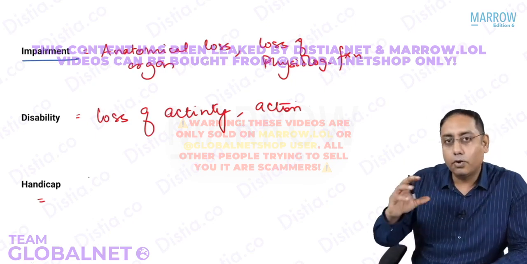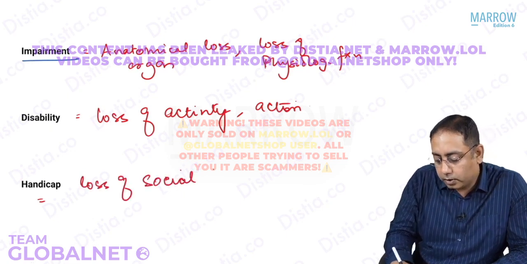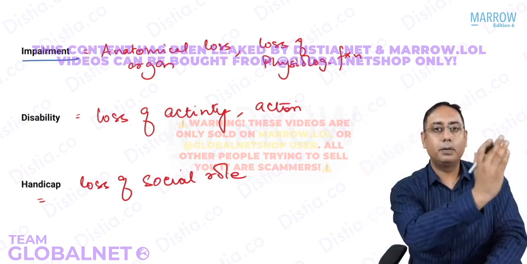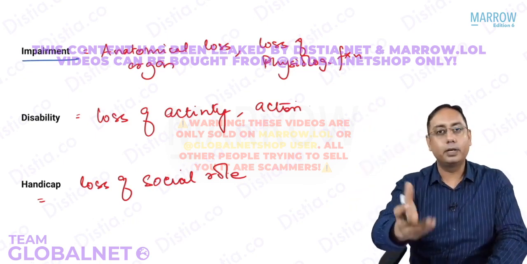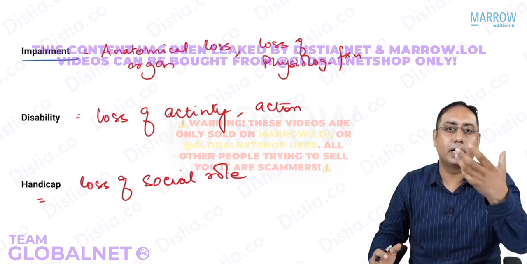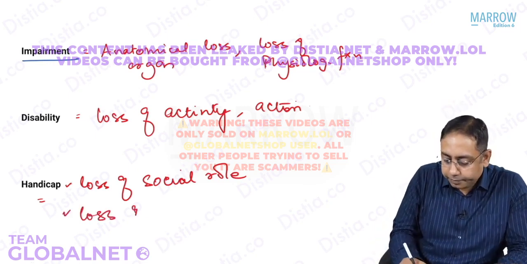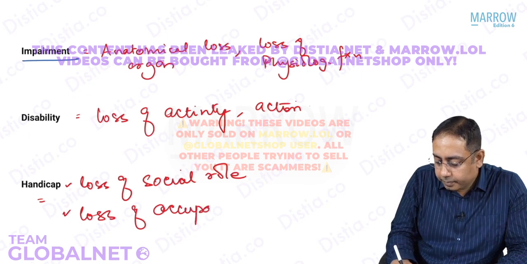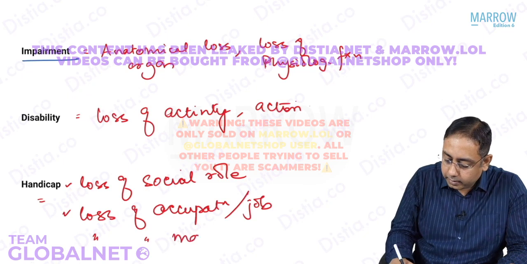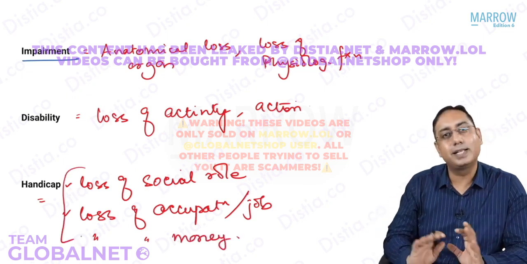So if there is loss of social role, he wanted to become a pilot, a doctor, a military person, army man, or a policeman, and he's not able to provide his society the role he wanted. So loss of social role or loss of occupation or loss of job, loss of money in terms of the occupation loss or the job loss, that is all called handicap.